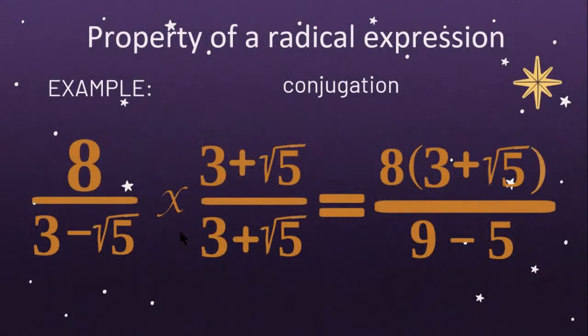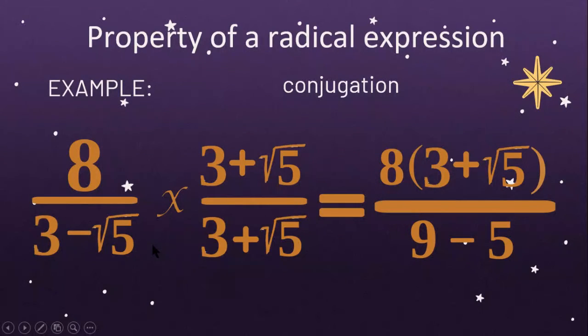When you look at what we tackled last time, the m raised to n minus n raised to n, we just have to multiply it by the identical one, but with a different operation. So 3 minus square root of 5 will be multiplied by 3 plus square root of 5.